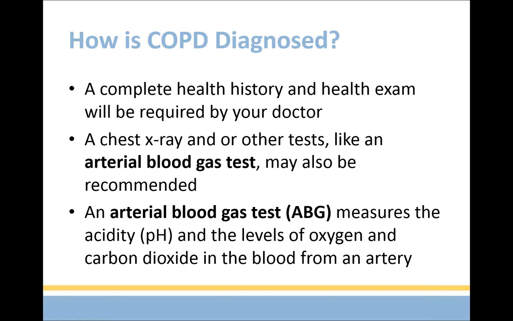That basically measures the acidity or the pH and the levels of oxygen and carbon dioxide in the blood from an artery. This test, the ABG, is used to check how well your lungs are able to move oxygen into the blood and remove carbon dioxide from the blood. And again, remember, removing the carbon dioxide is very important because that's removing the waste products.